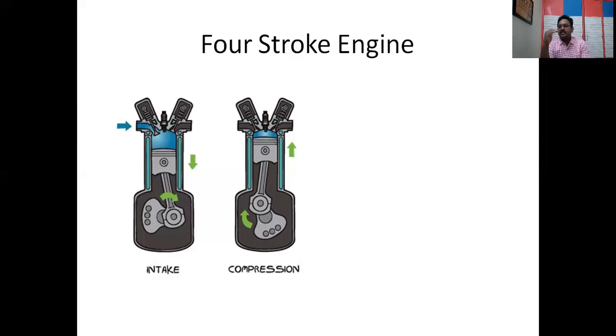The compression ratio for petrol engines is around 6 to 10, and for diesel engines the compression ratio is around 14 to 20. So this is how it will be compressed.